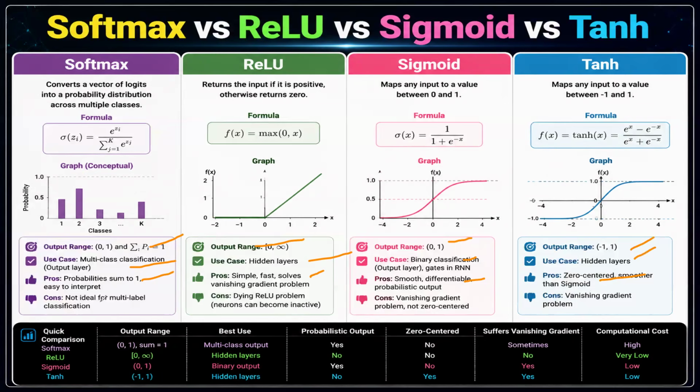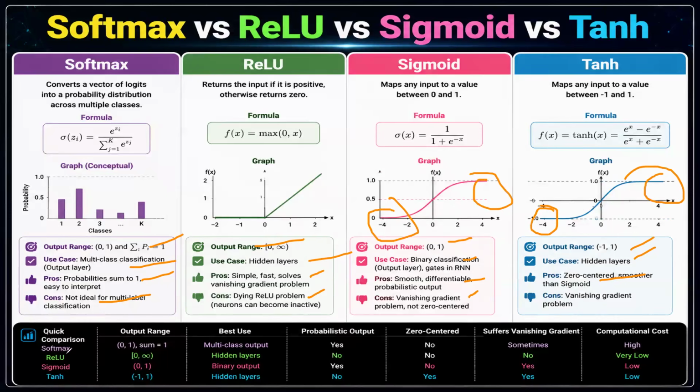Then the softmax disadvantage is that it is not ideal for multi-label classification. ReLU has the dying ReLU problem, so we have gone through the various types of ReLU. The disadvantage of sigmoid is the vanishing gradient problem, and it saturates easily. In tanh also there is the vanishing gradient problem. Here you can see there is saturation. So this is the comparison.